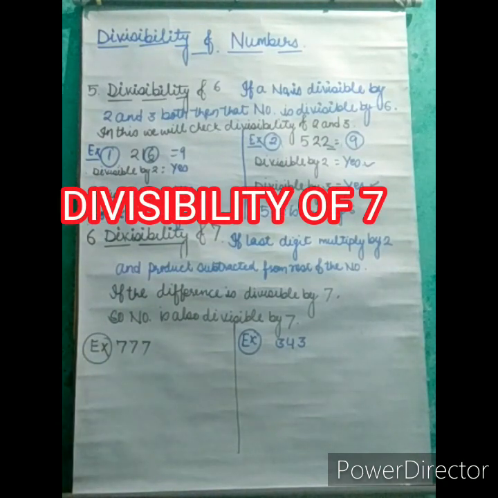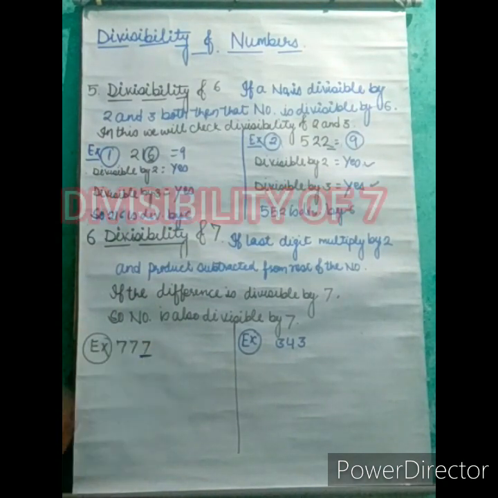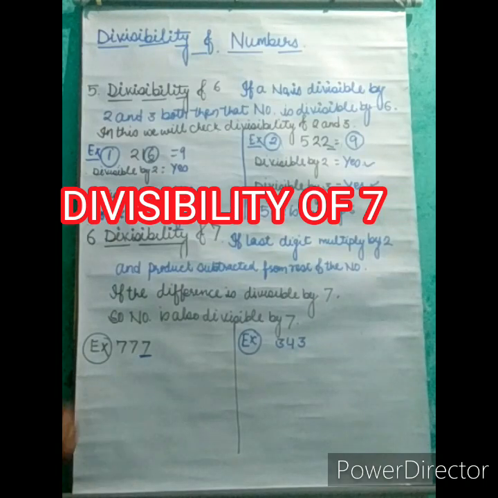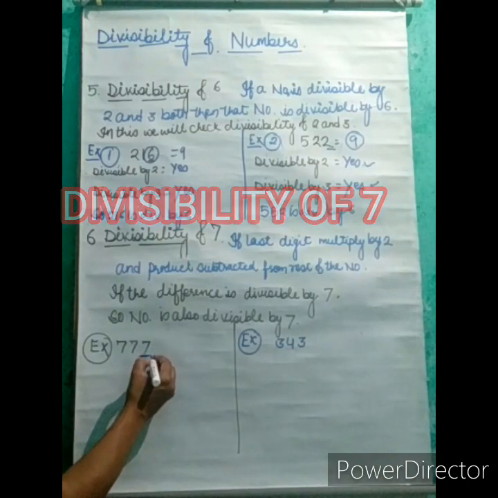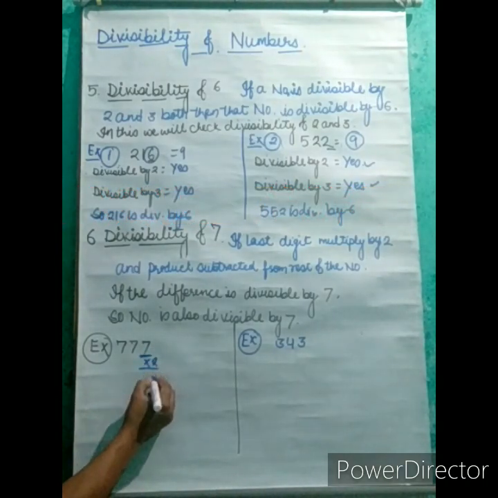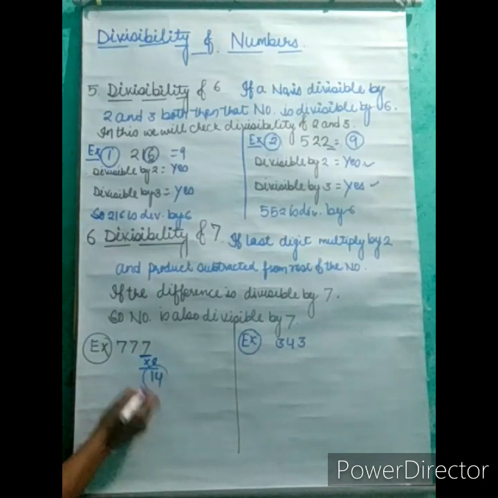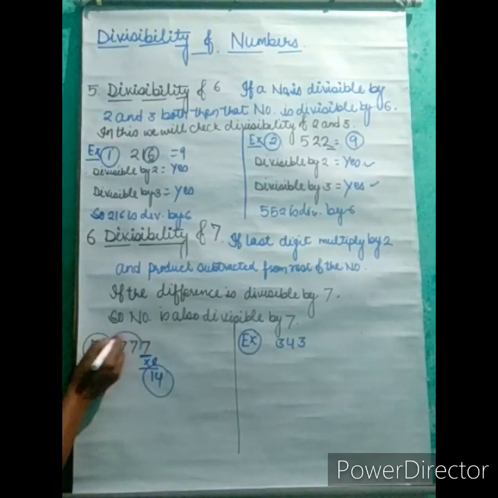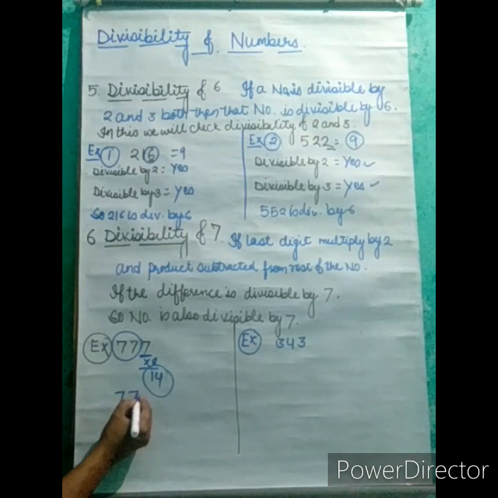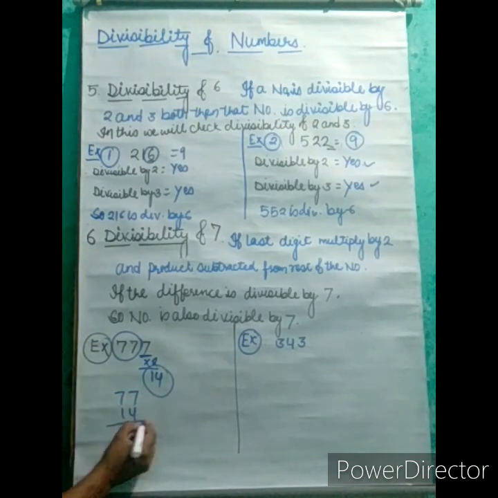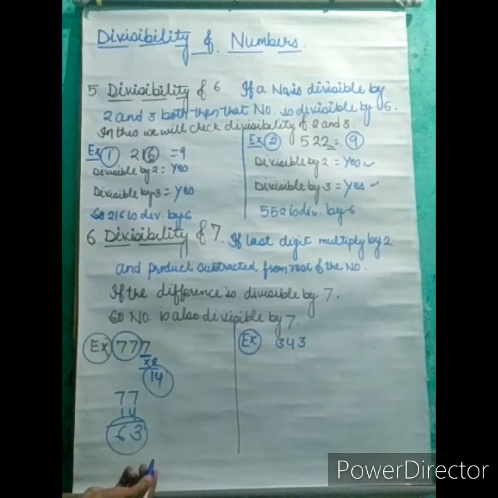Here the last digit 7 multiplied by 2, you will get 14. This 14 you subtract from the rest of the number, 77. 77 minus 14, here you will get 63. 63 is divisible by 7. It means 777 is also divisible by 7.